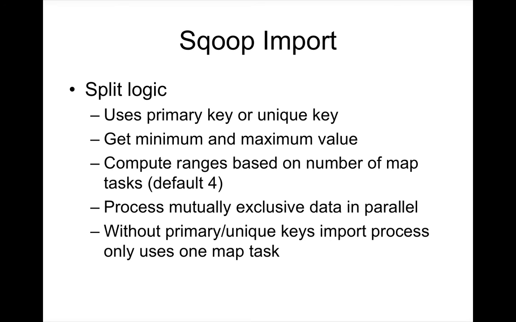Okay, now we will understand how that split logic works. I told you those 1000 records will be divided into 4 buckets. Now we need to understand how that logic works. If you are familiar with RDBMS databases, each table will have a primary key. The characteristic of a primary key is that the values in the primary key column are not null, and they are unique, so the values do not repeat.